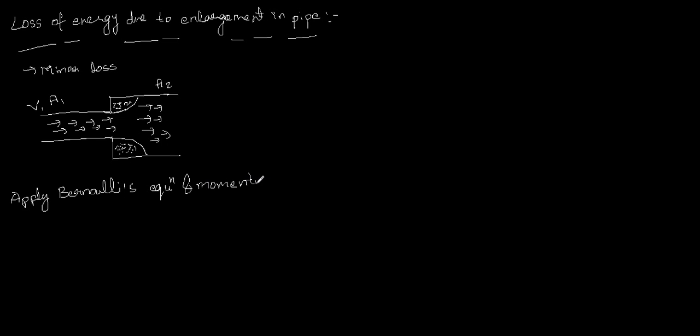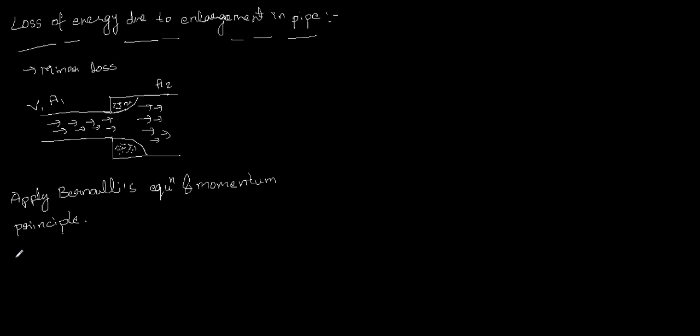Why? Because the velocity variation is taking place, which means momentum variation also takes place, so both conditions we need to apply for the flow of the liquid. By applying these two conditions we can derive an expression for finding how much loss of energy is going to take place due to the enlargement in the cross sectional area of the pipe.